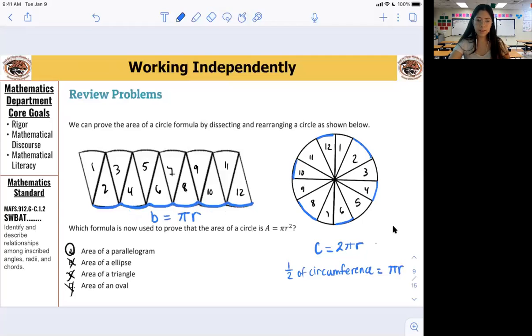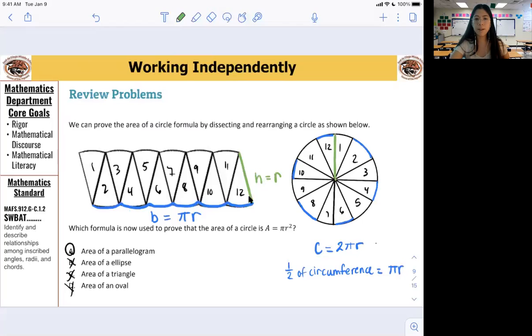So that's the base. Now the height of this parallelogram is this part of my triangle. And that part of my triangle corresponds to the what? On my circle. What is that? That's the radius. Now, this is approximate.